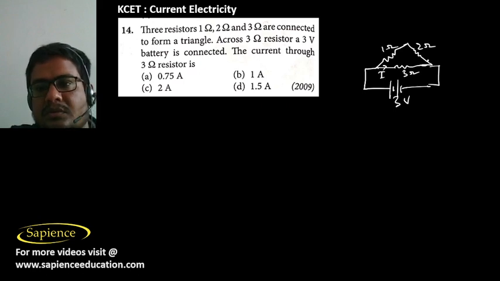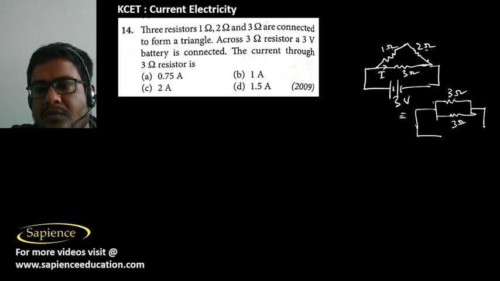So now this equivalently can be drawn as, this is 3 ohm, since 1 ohm and 2 ohm are connected in series. So this is 3 ohm and this 3 ohm and 3 ohm are connected in parallel. Therefore same resistance, therefore same current should flow through each of them. Now their equivalent resistance is 3 by 2 ohm.